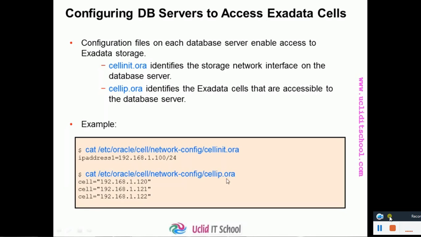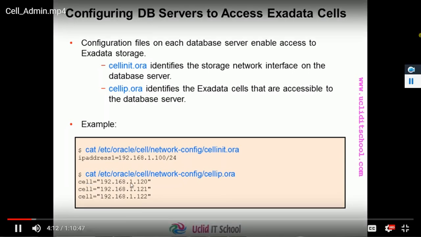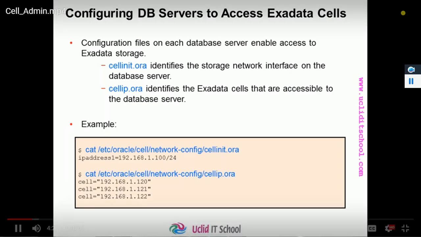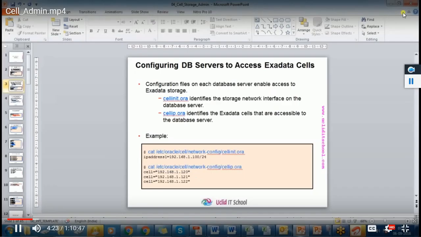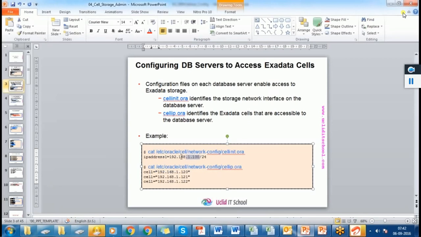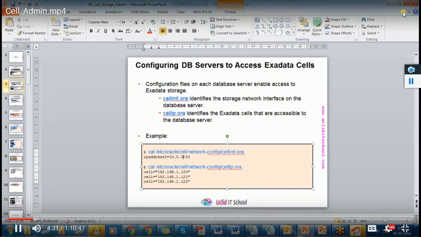Then the second file, cellip.ora, contains the IP of every cell in the configuration in this format. One line per cell: cell equal to the IP address of the cell. For every cell, you have to mention this. In the lab, we have three cells, and we use this IP series.